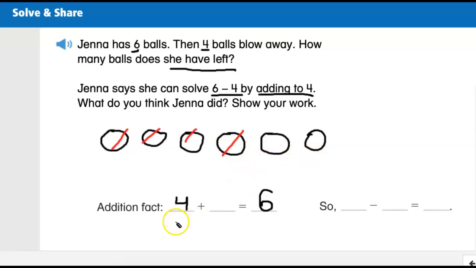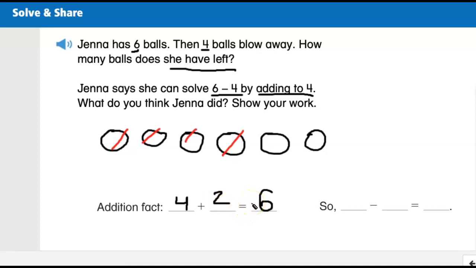So if I'm wanting to solve 6 minus 4 with adding 4, if I have 4 plus what number equals 6? Well, we had 2 balls left over. So is 4 plus 2 equal to 6? What do you think? 4 plus 2 is equal to 6.